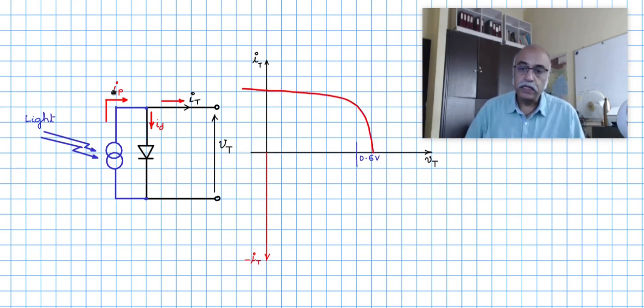So that is how the characteristic shifts up, and this becomes the terminal characteristic of the PV cell, together with the PN junction and the current source, which is actually the current source induced by the light.